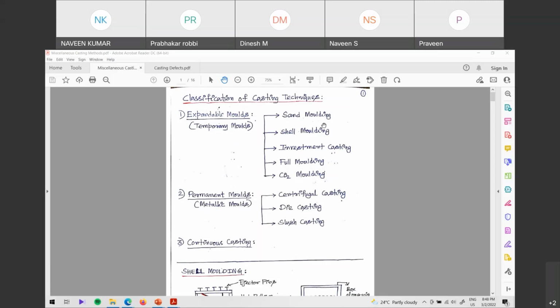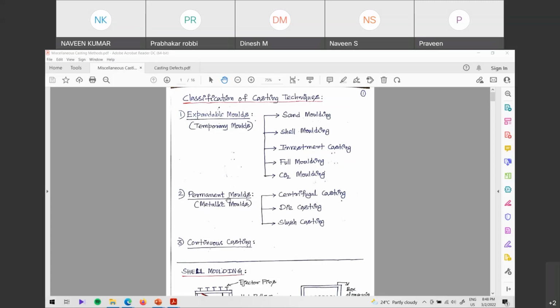After pouring, you'll destroy the complete mold cavity. You'll destroy the complete sand and take the casting out of it. So you're destroying the mold cavity, and that's why these are called temporary molds. Under temporary molds, we have sand casting, shell molding, investment casting, full molding, and CO2 molding. We will be discussing all these in detail.